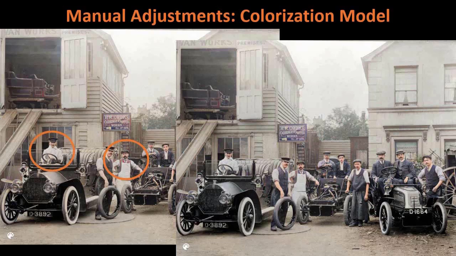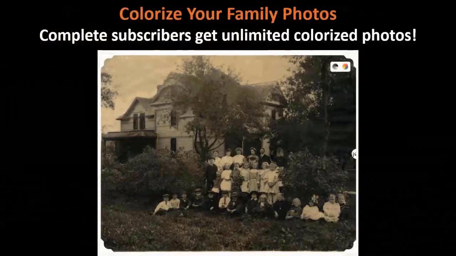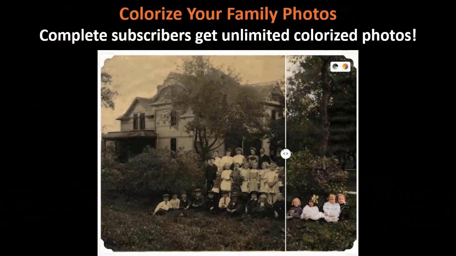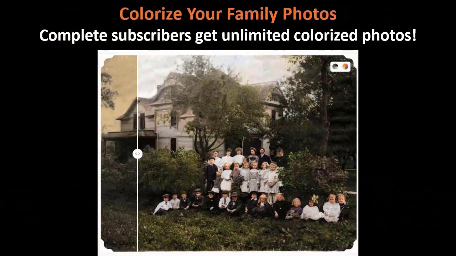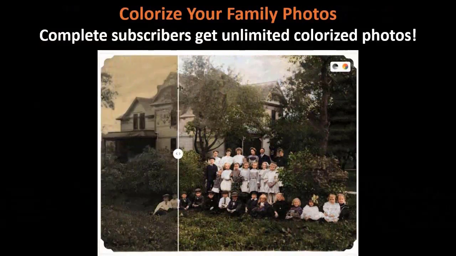So just running it through, it's very subtle, but I was able to make a few improvements to the colorization. And again, complete subscribers get unlimited colorized photos. I love this photograph. It was a big kid's birthday party in my husband's side of the family back in Minnesota. And oh my gosh, it just comes to life when you do the colorization.